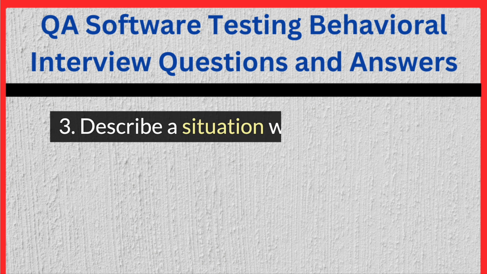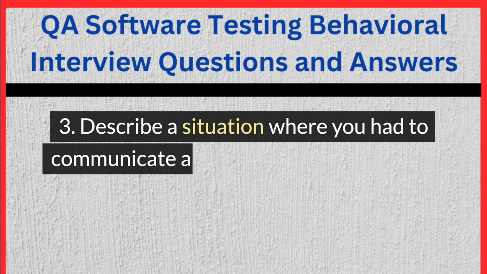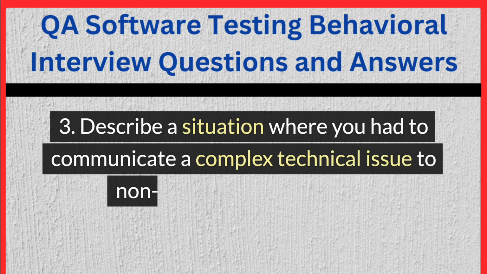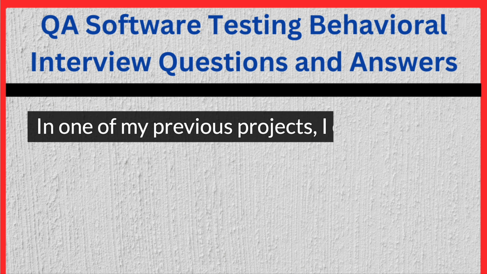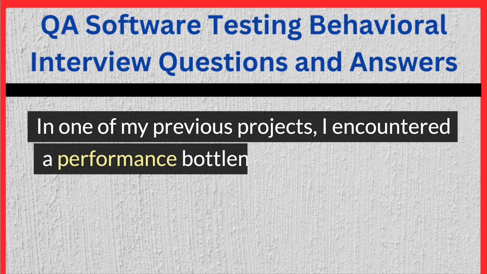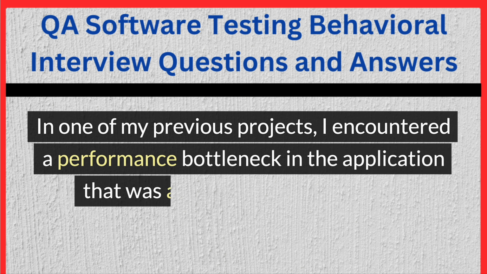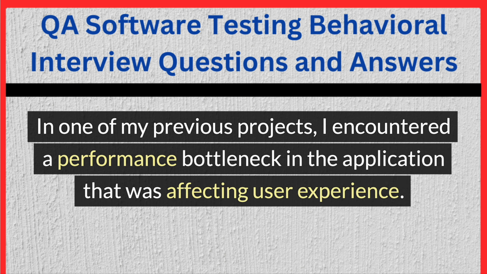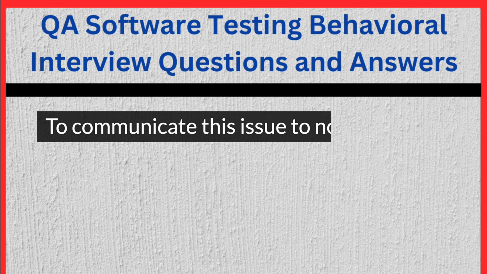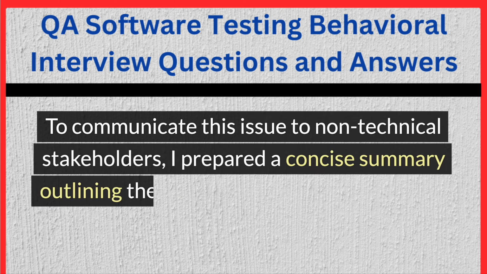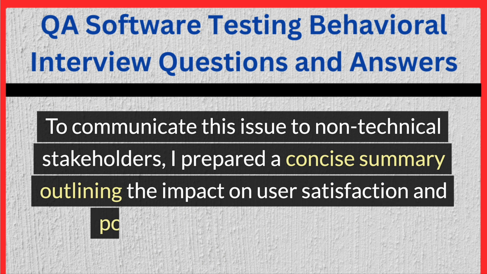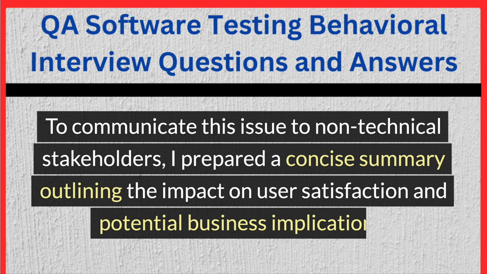3. Describe a situation where you had to communicate a complex technical issue to non-technical stakeholders. In one of my previous projects, I encountered a performance bottleneck in the application that was affecting user experience. To communicate this issue to non-technical stakeholders, I prepared a concise summary outlining the impact on user satisfaction and potential business implications.